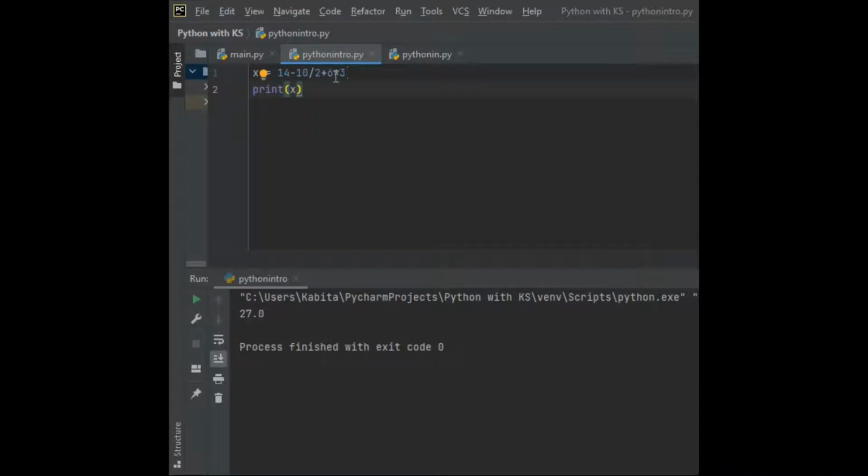According to that, 6 multiplied by 3 is 18, 10 division 2 is 5, 18 minus 5 is 13, 14 plus 13 is 27. So it is checked. Now let us do the addition of fractions.